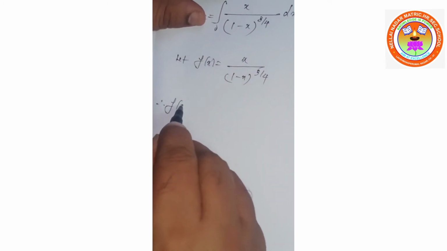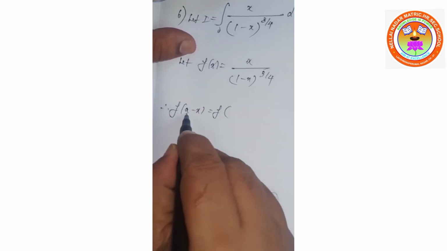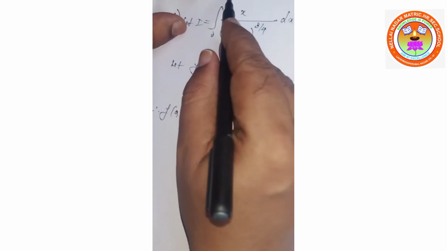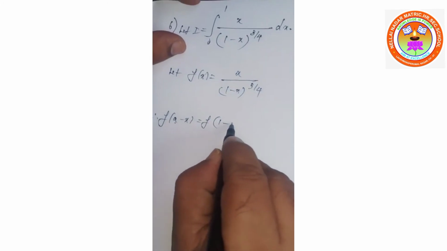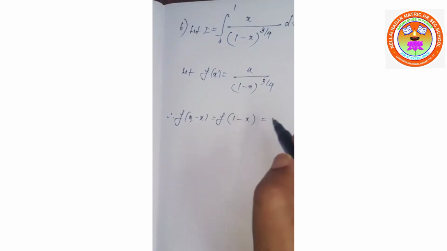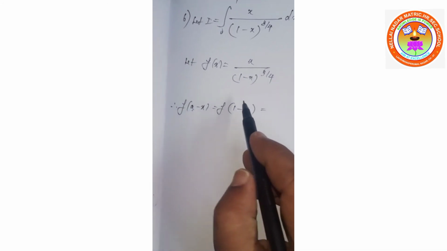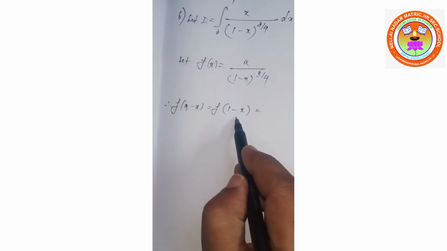Therefore f of a minus x equals f of, what is a? The limits are 0 to a, that is 1 minus x. Replace x by 1 minus x, x here, 1 minus x here.